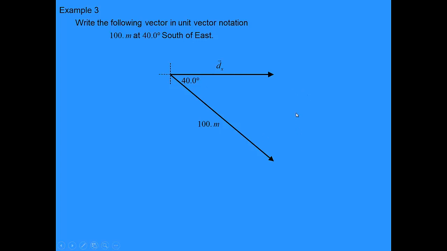And then you draw your y component from the head of the horizontal component. So this is a displacement, so I would call that d. This is d sub x, this is d sub y. Now, if you remember, in order to find these, we can use the 40-degree angle. But in 2 dimensions, when we're doing positives and negatives, we either have to get that by looking at the diagram, by realizing that we're in the 4th quadrant, or the calculator will tell us.